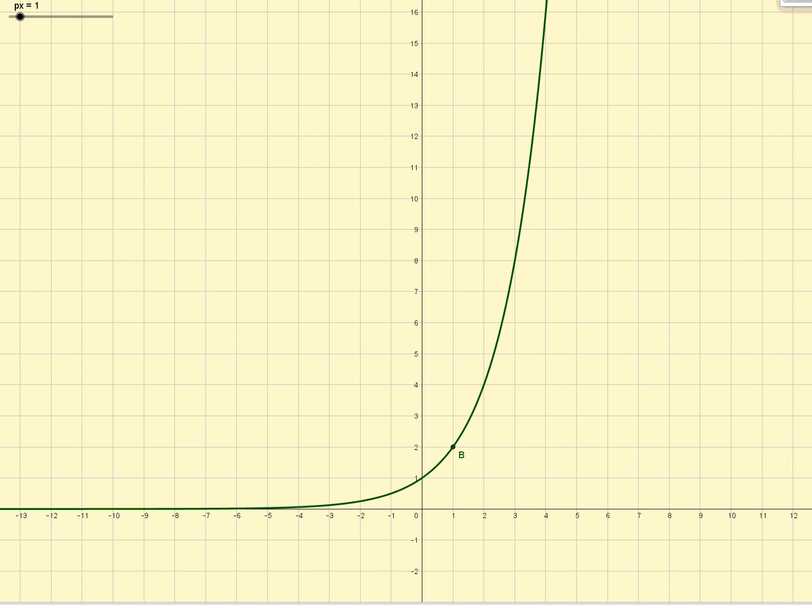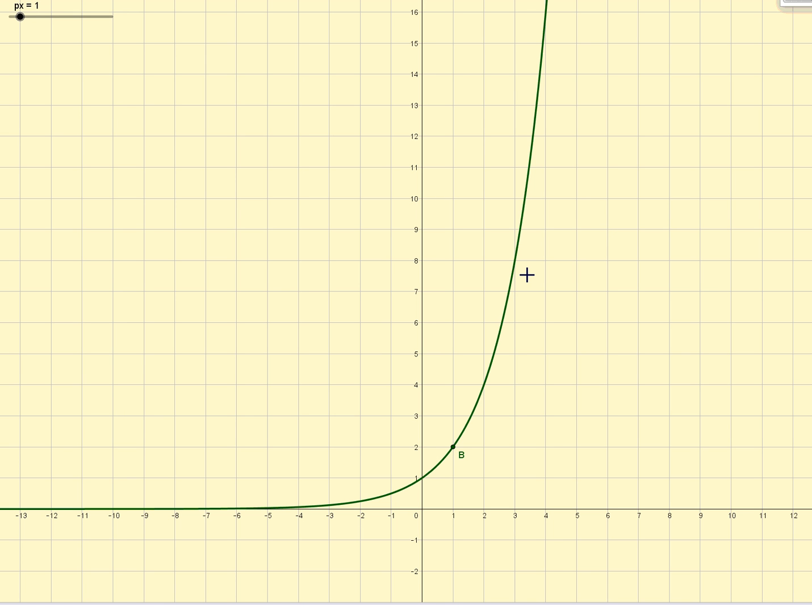When x equals 1, at this point B, then y is going to be equal to 2, isn't it? And when x equals 2, y is going to be 4, and when x equals 3, y is going to be 8, because it's just 2 to the x.